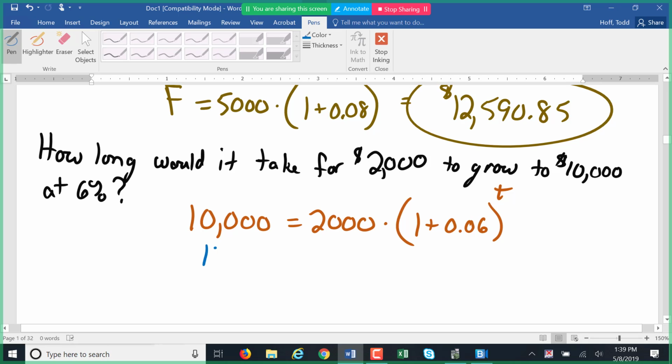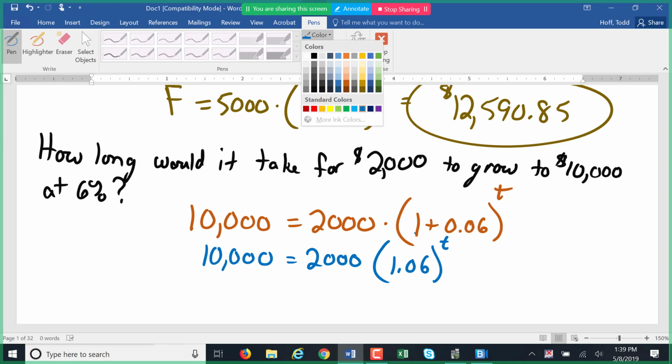Now the first thing I should probably do here is combine in here 1 plus 0.06 is 1.06. Because I have to have that. It's part of my exponential. I have to have it as a single number before I can do anything with it.